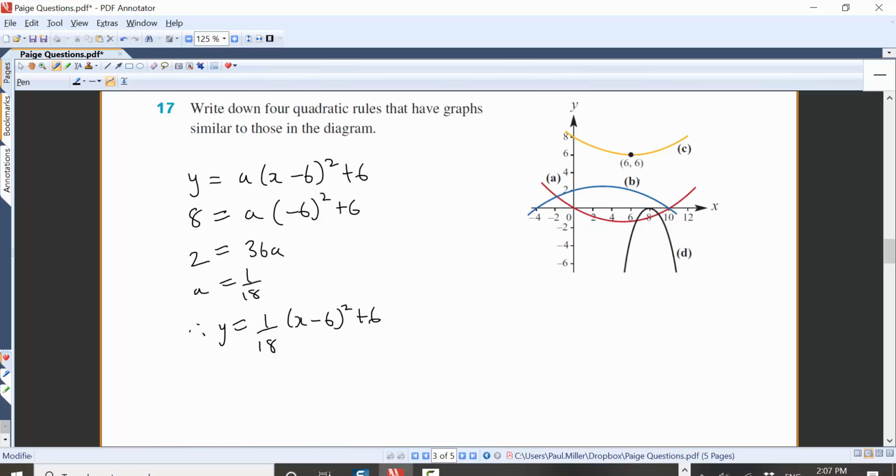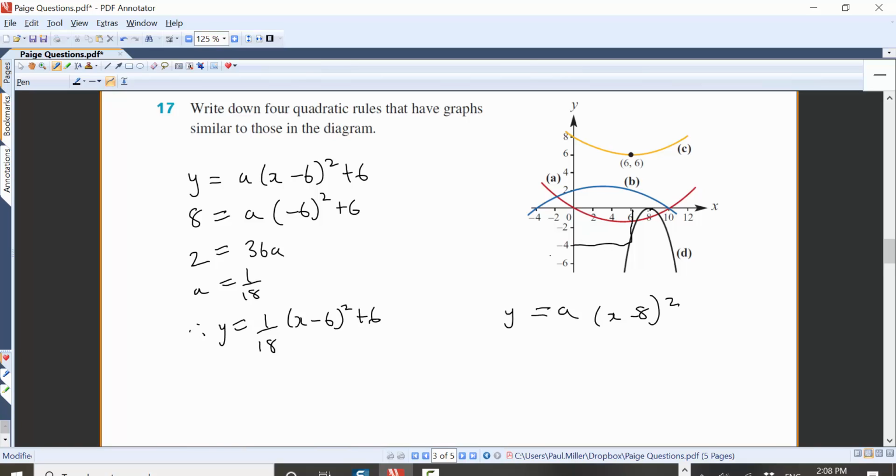All right, the last one has a turning point on the x-axis, so we're assuming it's a perfect square. So it's going to be y = a(x - 8)^2. Now we need a second point, so let's see if there's one clear. Not really. Is that -4 there?